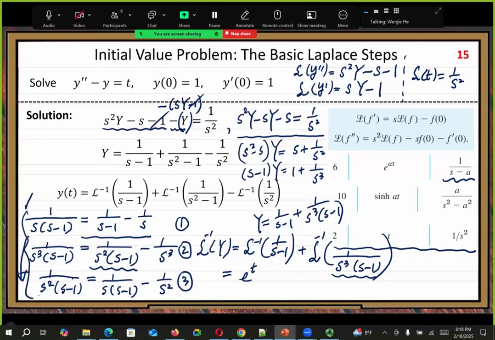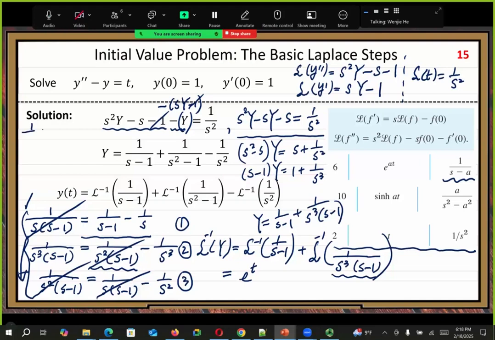Because when we add up, this term cancels out, and this term cancels out, right? So let me clean up.